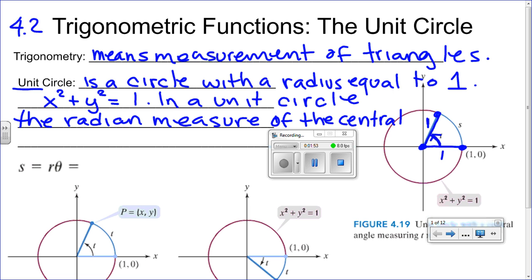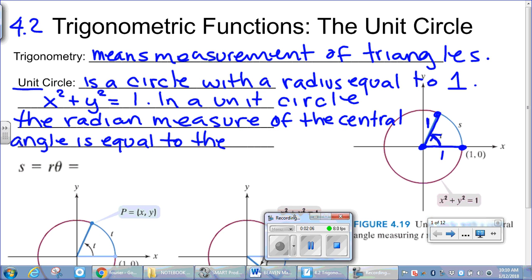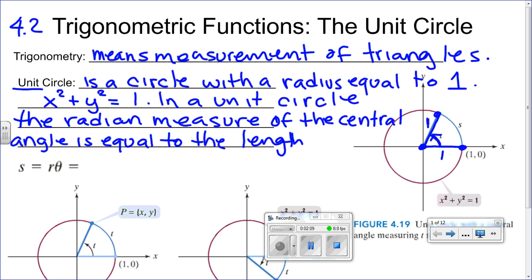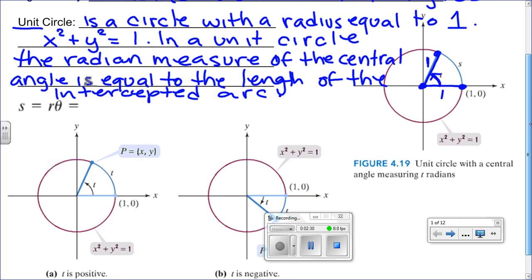So in the unit circle, the radian measure of the central angle is equal to the length of the intercepted arc. Okay, so let me explain to you what that means with the graphs.